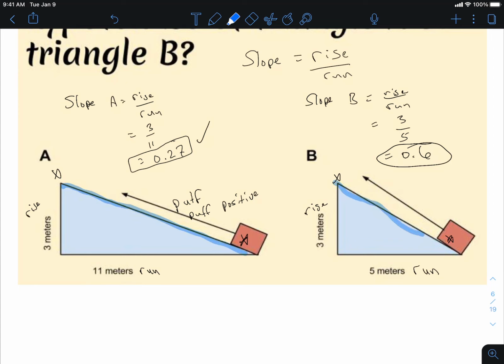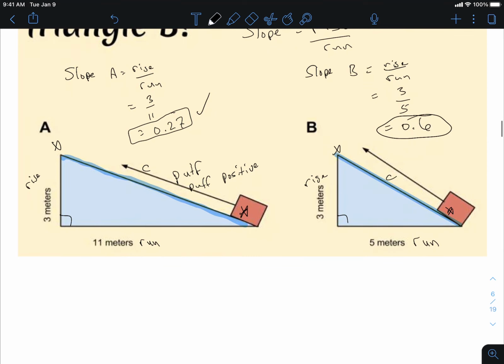That looks like a right angle triangle to me, right? So we can use something. This is c. This is also c. Let's use the Pythagorean theorem and figure these out. a squared plus b squared equals c squared, on both of them. Because it's c that we're looking for, we're not too worried about where to put what.